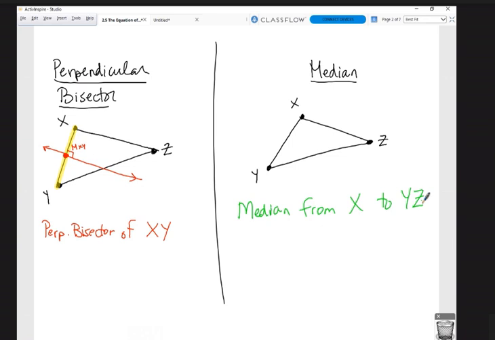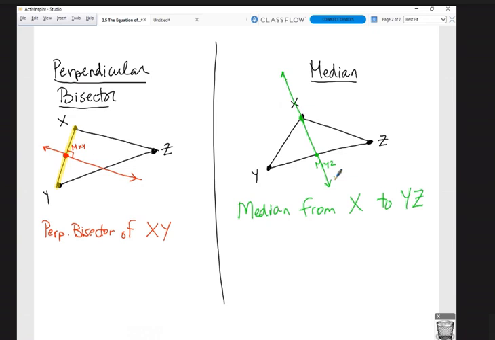We know this is the vertex, starting there. And where are we going? We're going towards where? Yeah, that's it right there. The midpoint of YZ. It's this line that goes like that.